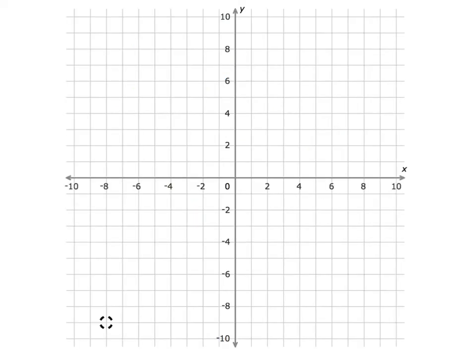Before we can graph an inequality, let us first make sure that we know how to graph the lines. So the first line that we're going to look at is x equals 4. So where does x equal 4?